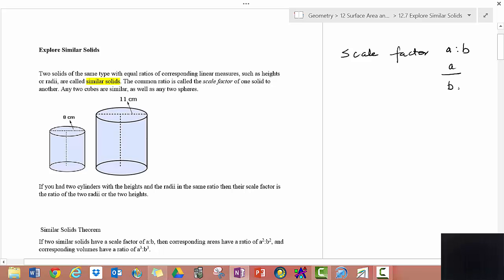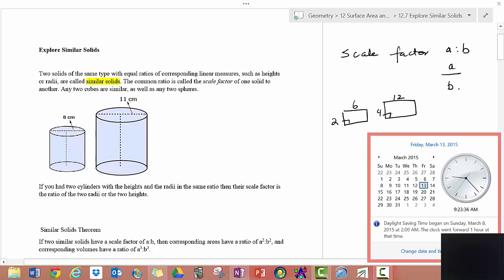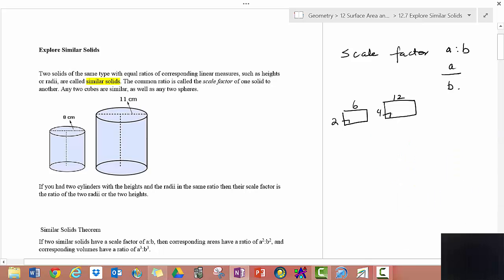And just a reminder, if you had, let's say, two rectangles, and this was 2 and 6 and this was 4 and 12, then these two rectangles are similar and their scale factor, or what we call common ratio, would be 2 over 4, going from the smaller to the larger, which is 1/2.